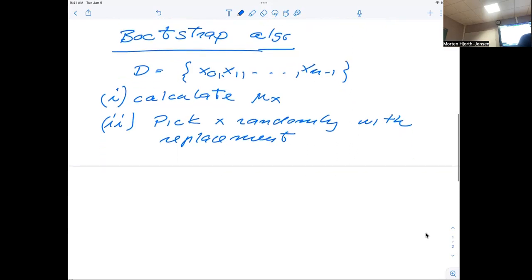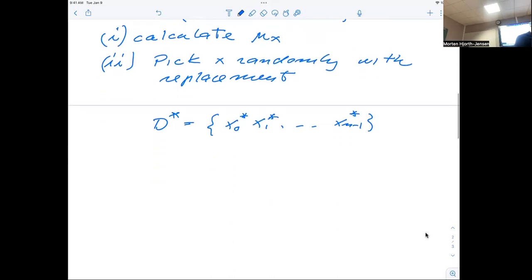And then we get a new data set, D star, which is now given by an x_0, an x_1, up to an x_{n-1}. So this is now a new data set. And some of the points there can be equal. Then you can calculate again this mu of x star.